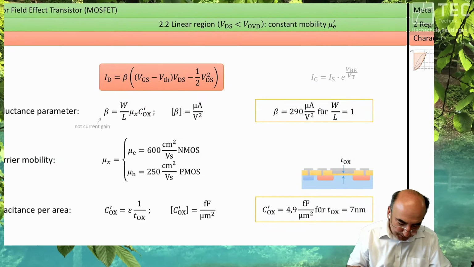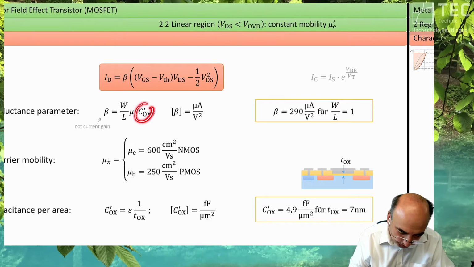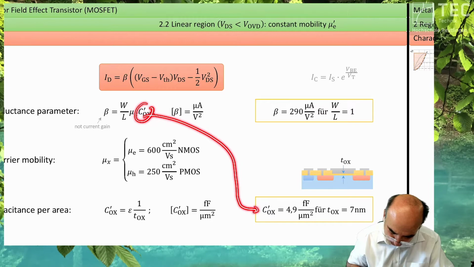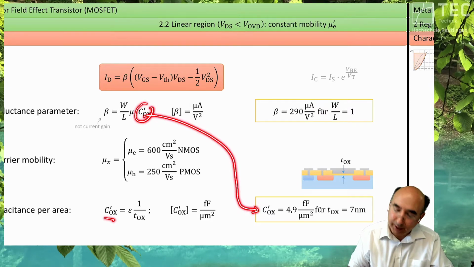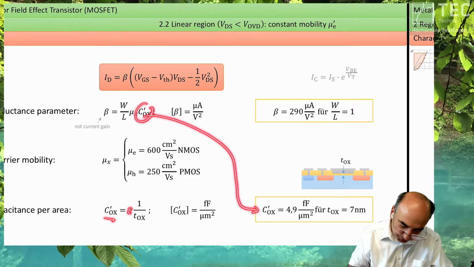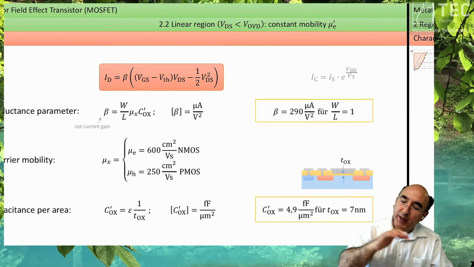Then let's take a look at other values, the oxide thickness. The oxide capacitance normalized to the area is epsilon over the oxide thickness itself, the result of epsilon 0, epsilon r.